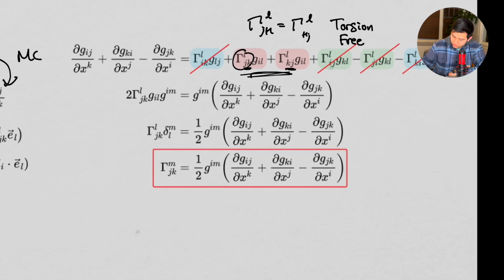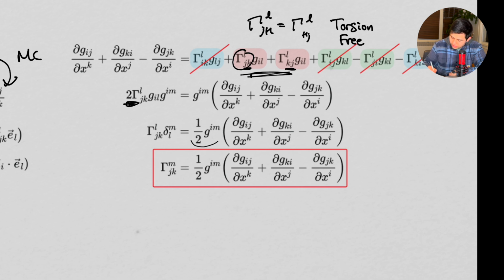Okay? And what we get ultimately is that we'll get two of these guys, right? We can divide by 1/2. If we multiply both sides also by this g^{im}, we can do that. And when we multiply both sides by the g^{im}, we get a Kronecker delta over here. Okay? Kronecker delta forces us to change our subscripts and our superscripts.